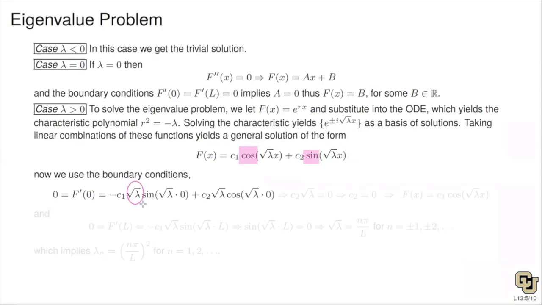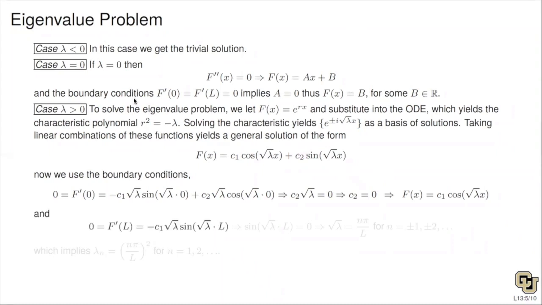Then I plug in 0. That first term disappears. Sine of 0 is 0, cosine of 0 is 1, so C2 has to be 0. Our solution f of x is just looking like a cosine family.